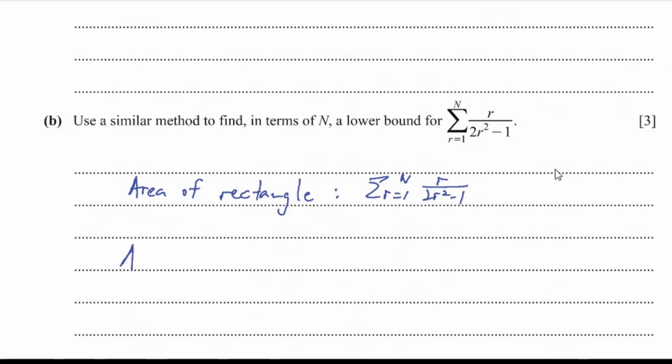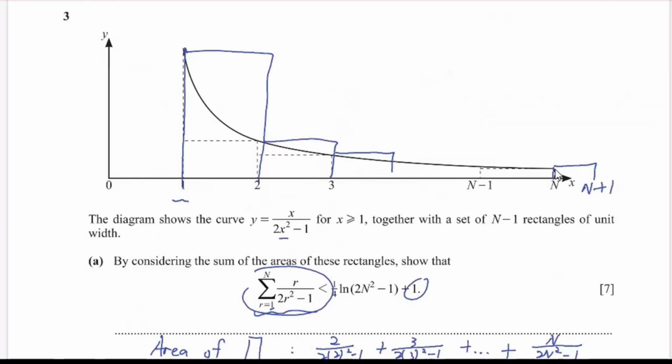But you need to find out the area under the curve. We have to integrate from 1 to n+1 in this case, because our rectangle starts at x equals 1 and ends at x equals n+1.